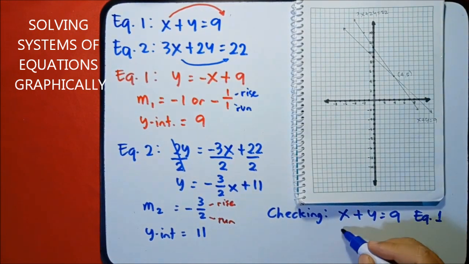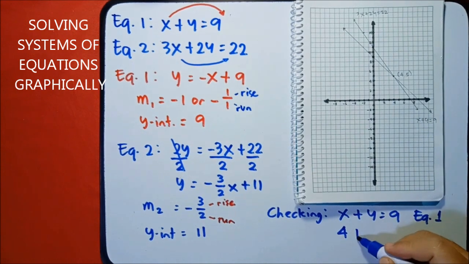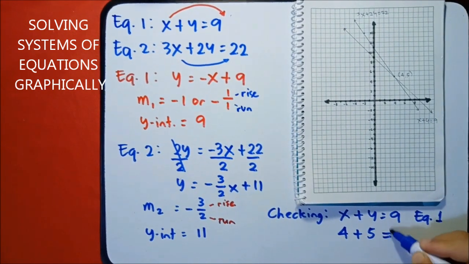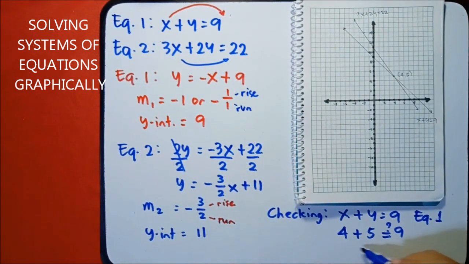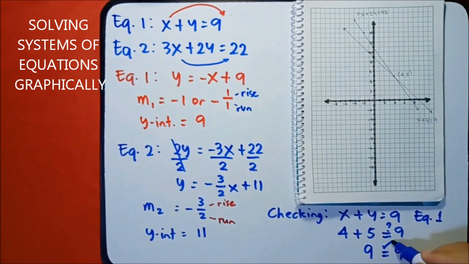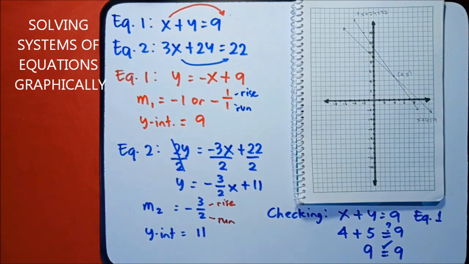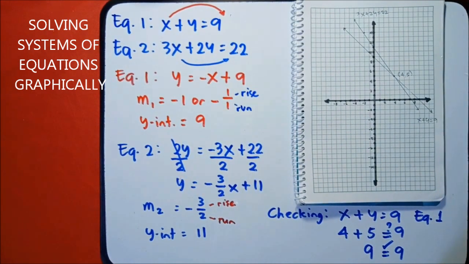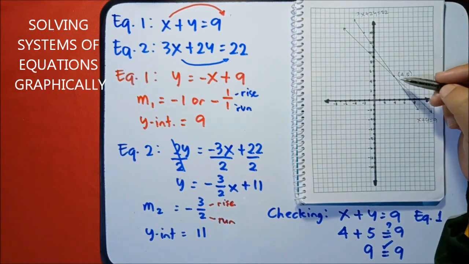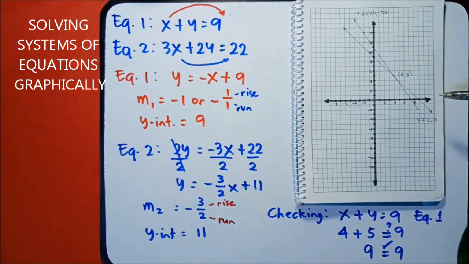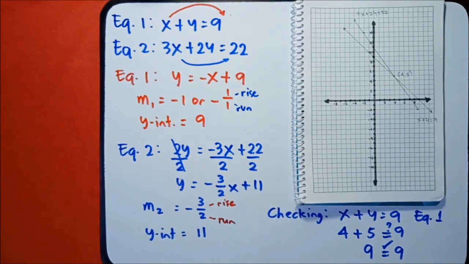Your x is 4. Your y is 5. Is it equal to 9? Okay, 4 plus 5 is 9. Then, yes, this is equal to 9. So, our solution is correct. It is just not that accurate when plotting. But more or less, you can get the solution of the system of linear equations.